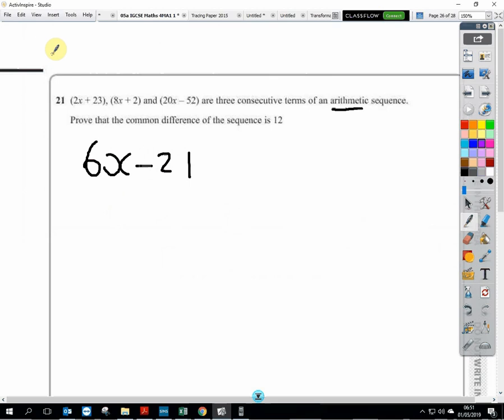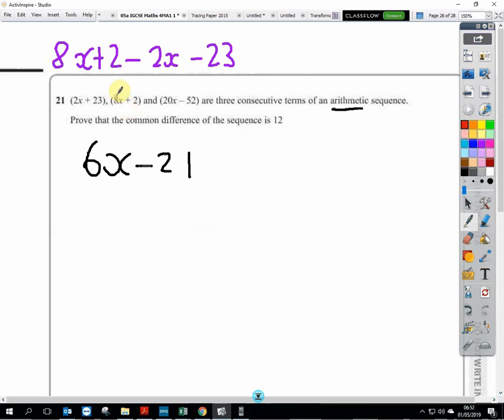You can adopt a more formal approach and do the second term minus the first one. But if you do that, when you subtract the first term, you have to subtract both bits, so it's minus brackets 2x plus 23. So then it becomes minus 2x minus 23, and this tidies up to give 6x minus 21.